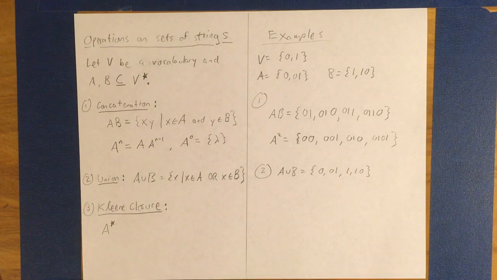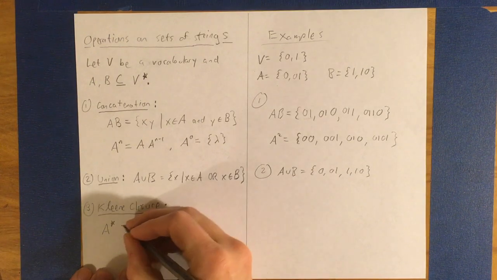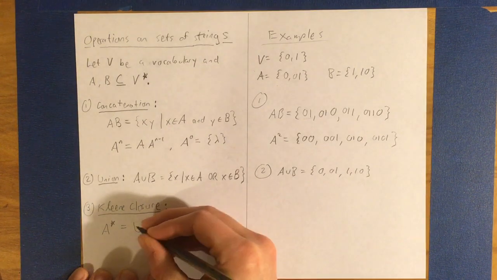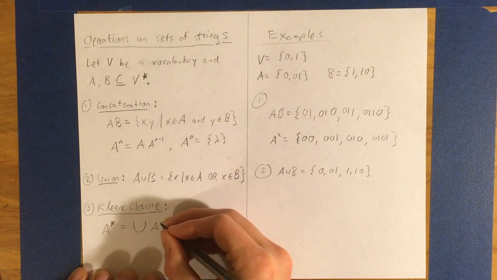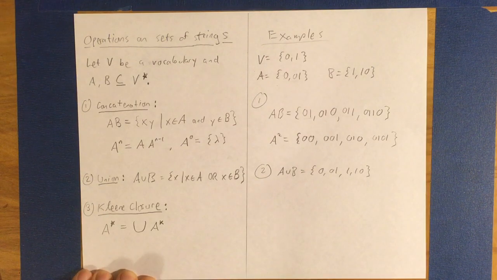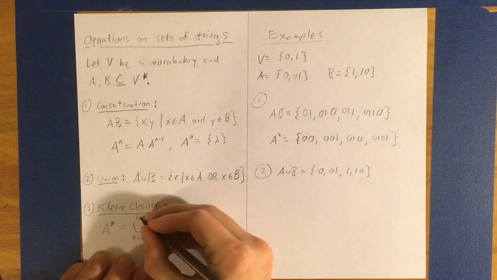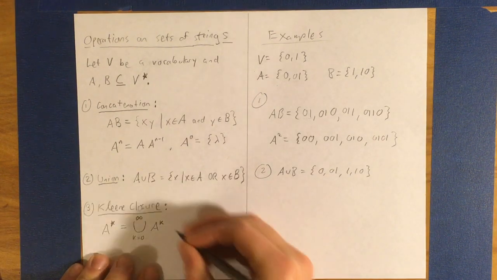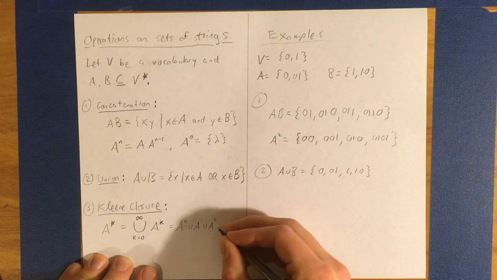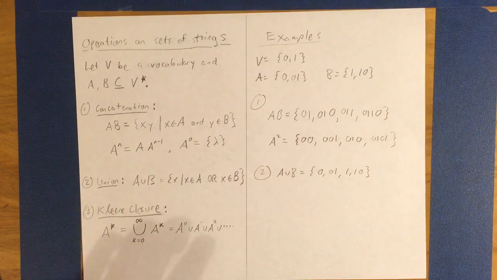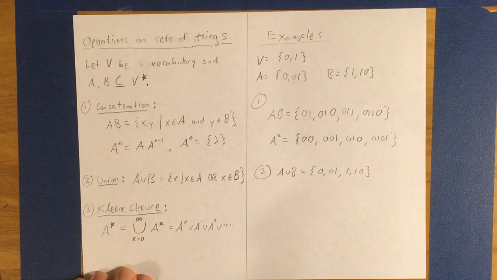The star operation can be applied to a set not just of characters, but of strings of characters, and is defined as a big union of powers of A. So it's a union of A to the K, where K starts at 0, meaning the very first set is going to be the set containing the empty string lambda, and then we go all the way to infinity. So essentially this is A to the 0, union A to the 1, union A squared, union ... forever, which means it's going to be an infinite set.